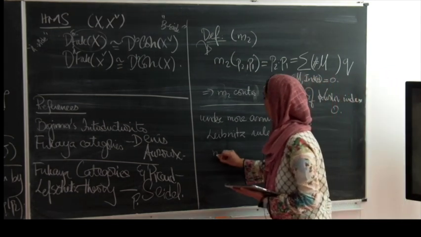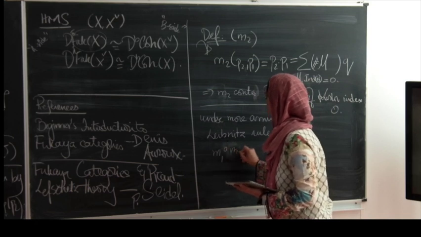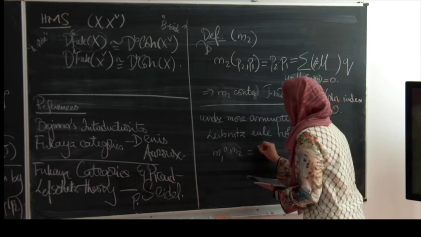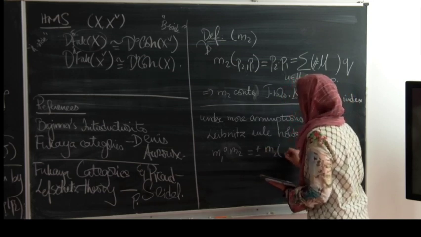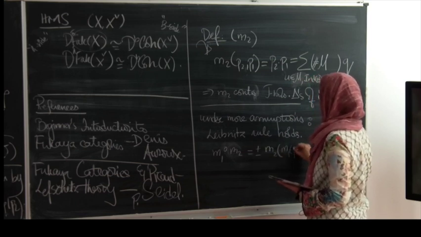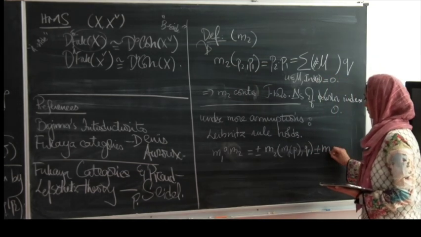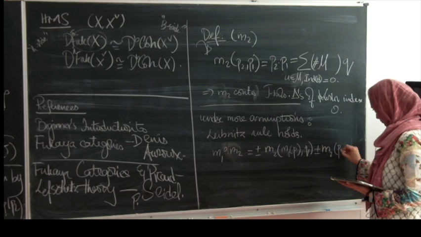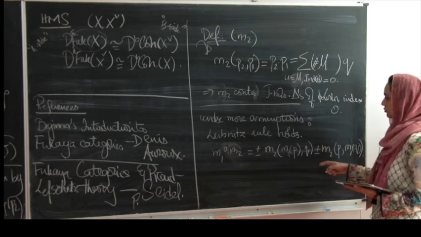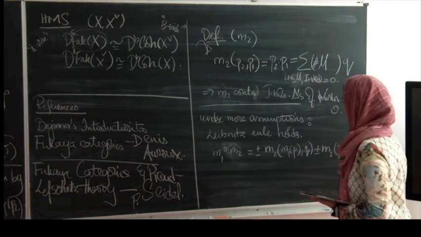Right, so if you take M1 composed with M2, you'll get, let's say, plus or minus M2 with M1 applied to one argument and the other one, and then plus or minus M2 applied with P and M1 applied to the other one. Okay, it's the usual way in calculus. So the Leibniz rule holds.